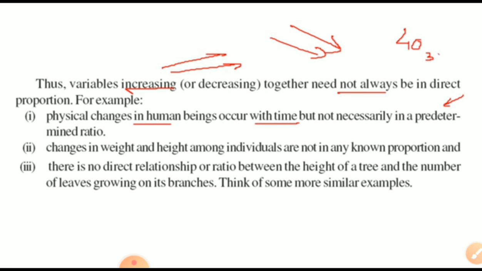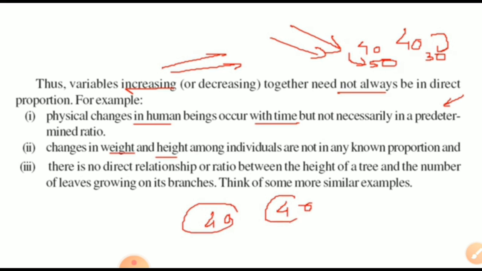Yes, it's natural. A 40 kg student and a 30 kilogram student, after 1 year they cannot become the same weight. Someone will stay at 40, but the 30 kilogram student becomes 50 kilograms. So that is our human nature. We cannot say that when age is increasing, weight is also increasing.